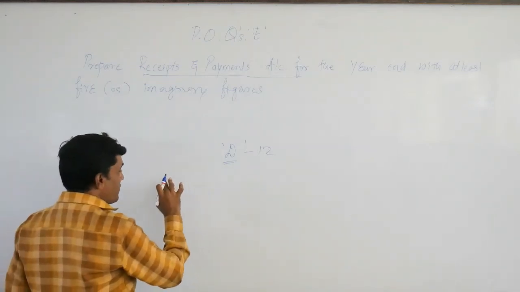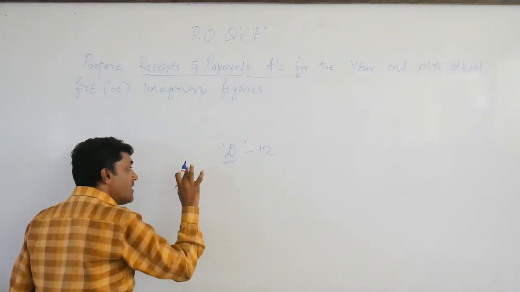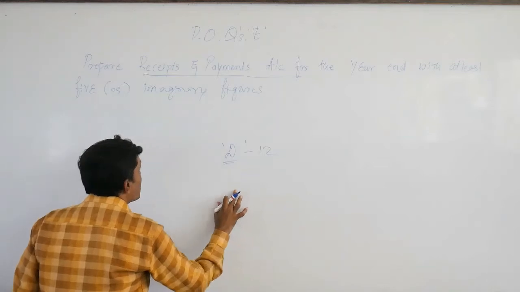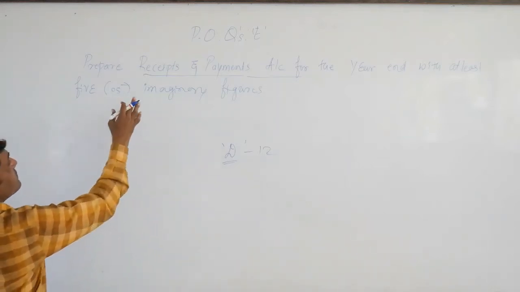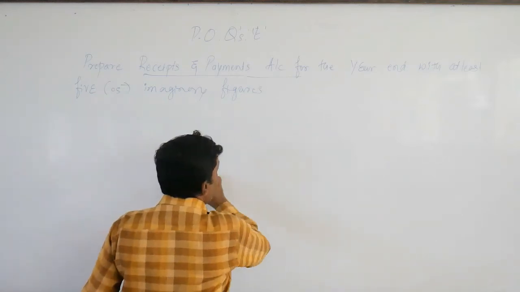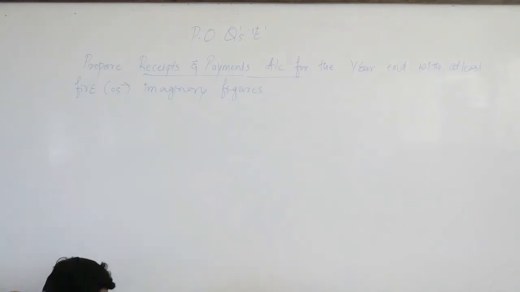Under that question, sometimes they will give the receipts and payment account. That answer you can show here for this question also. So here I am preparing this receipts and payments account in imaginary form.